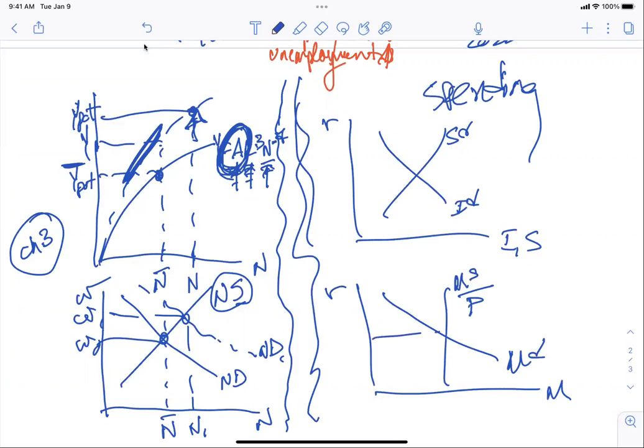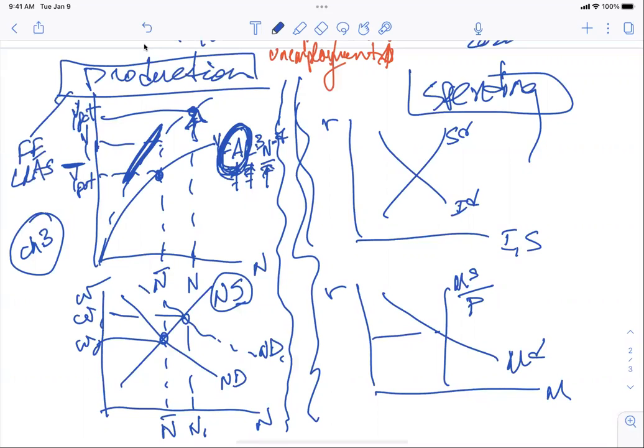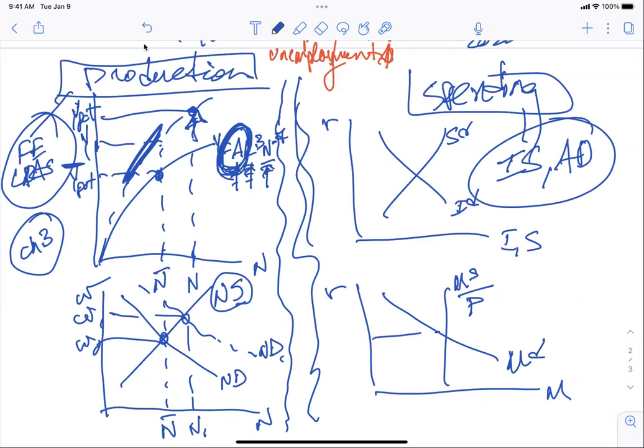This side of the line is production: FE, the long-run aggregate supply curve. That is the most stripped down way I can say it.